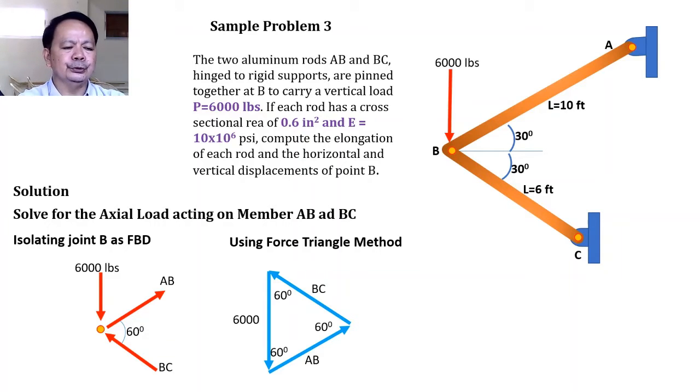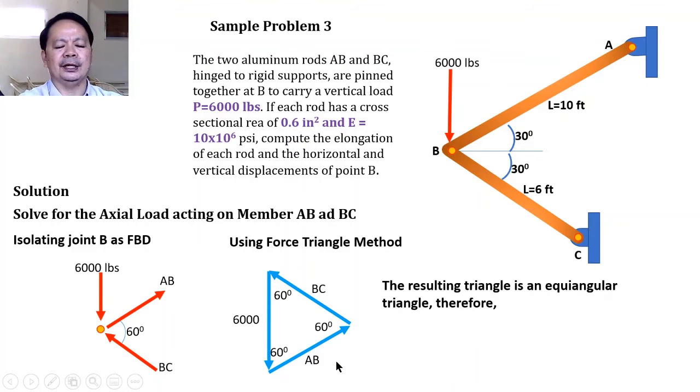If we are going to examine, the resulting triangle is actually an equiangular triangle. And therefore, if this is an equiangular triangle, the same triangle is an equilateral.